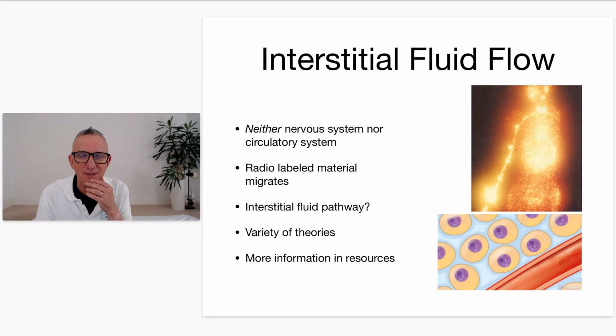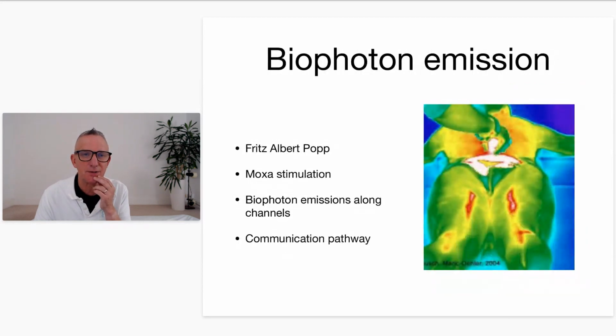So there's got to be something faster going on than interstitial fluid flowing up between the cells and everything. Okay. And one of the bits of research that really showed that to me, that this is definitely not going to cut it as an explanation, is this Biophoton experiment with Fritz Albert Popp.